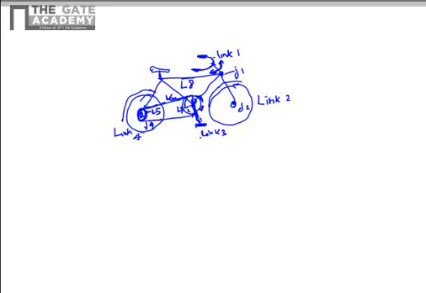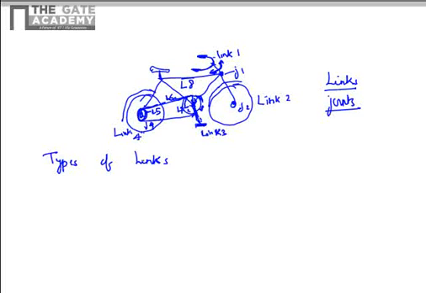This example is just to help you visualize the concept of links and joints, and the same definition you can extend to any mechanism. So you can find various links and joints.